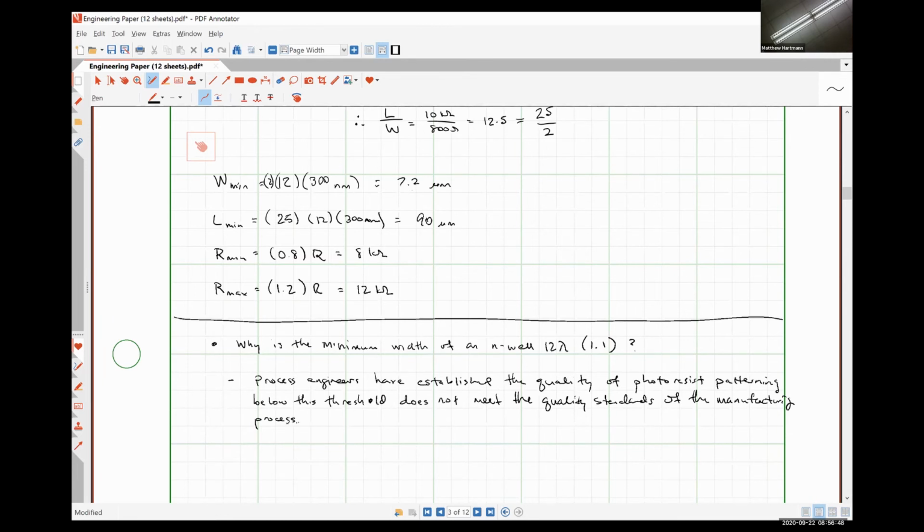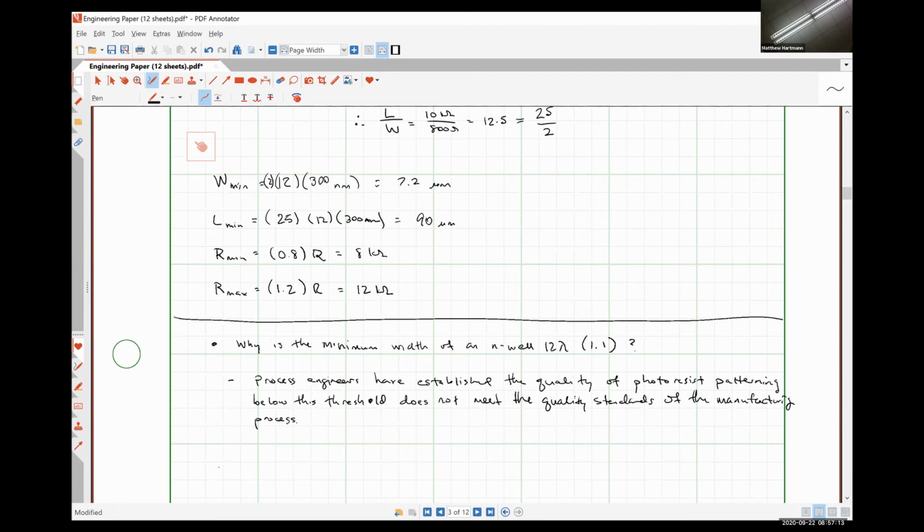Meaning that the 20% margin of error that we see using a 12 lambda as our minimum width becomes appreciably larger if we make our resistors physically smaller than that. So effectively the tolerance just becomes unacceptable.